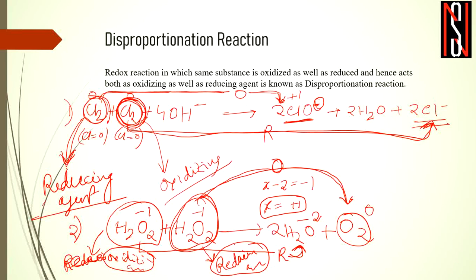In both of the cases, the substance has an intermediate oxidation state, and from that oxidation state it is undergoing an oxidation process, where the oxidation state is being increased, and in another process, that is the reduction process, the oxidation state of that substance is being reduced from the original oxidation state. So these are basically the examples of disproportionation reaction.